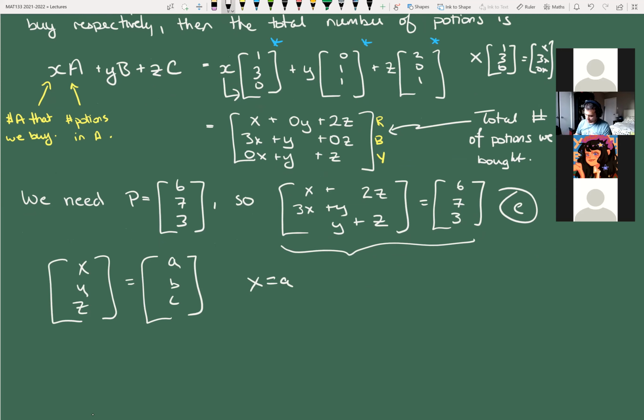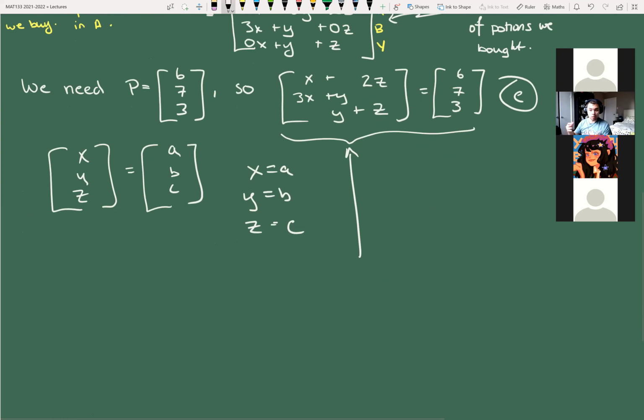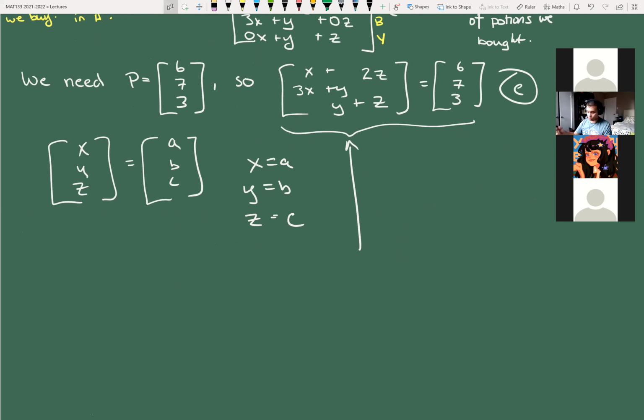So x has to be equal to a, y has to be equal to b, and z has to be equal to c, okay? So when I take this equation and ask what it means for these two things to be equal, that's the same thing as saying x plus 2z has to be equal to 6, 3x plus y has to be equal to 7, and y plus z has to be equal to 3. And that's where that linear system comes from, right?